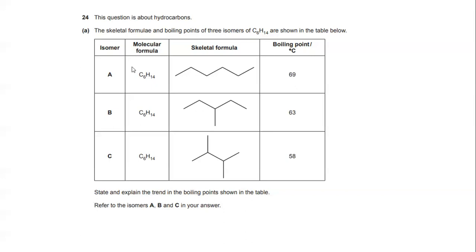So we're going to have to look at the surface area of contact to explain the change in boiling point. And notice that A doesn't have any side chain, B has one side chain, and C has two side chains. It's more branched.